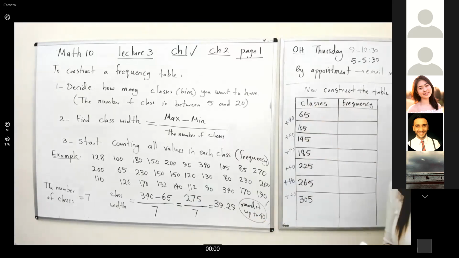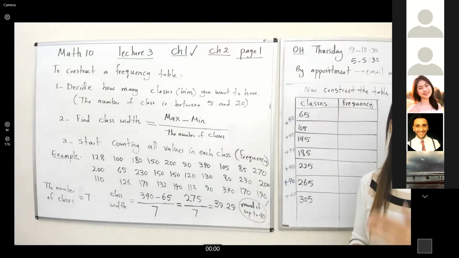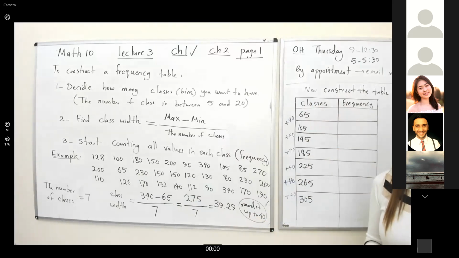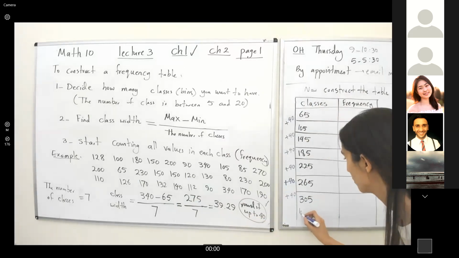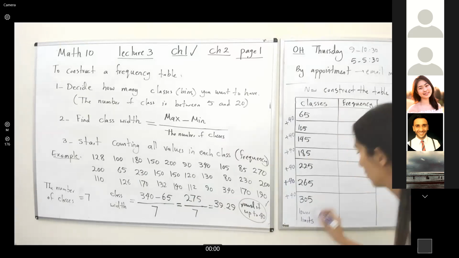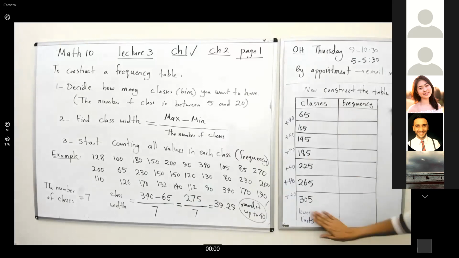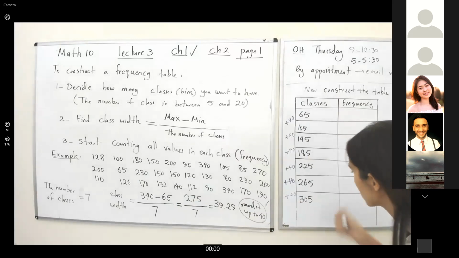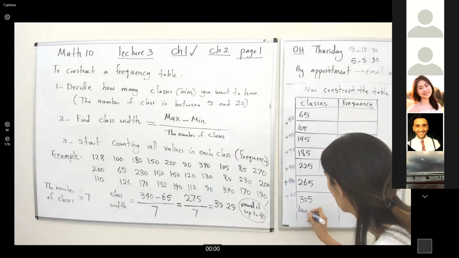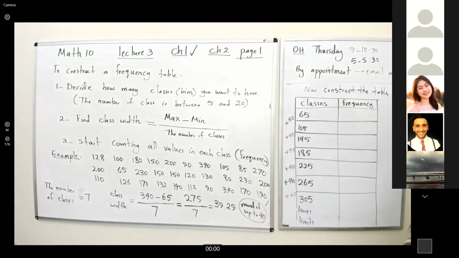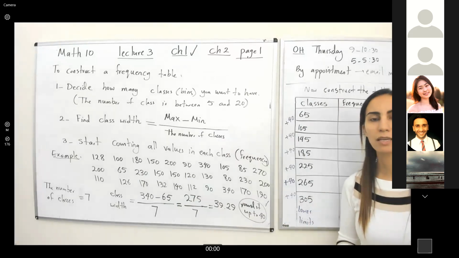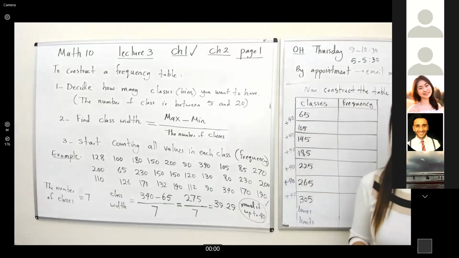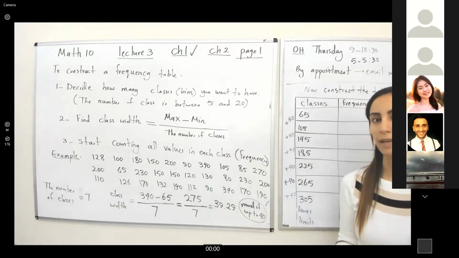These numbers are called the lower limits of the class. So I expect you to ask, hey, it starts with a number, but it doesn't stop by any number.